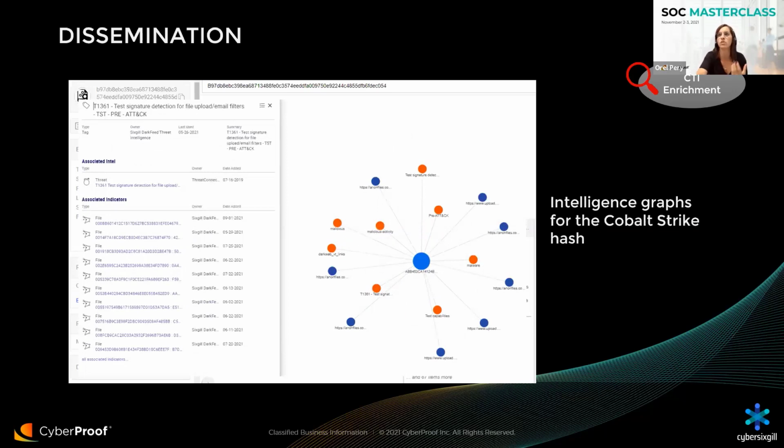As you can see here, we also used our threat intelligence platform to enrich the data, to see what this threat is about, what attacks are associated with it, and to filter out all the noise and extract only the true positive indicators that can be scanned against the whole network of the environment.